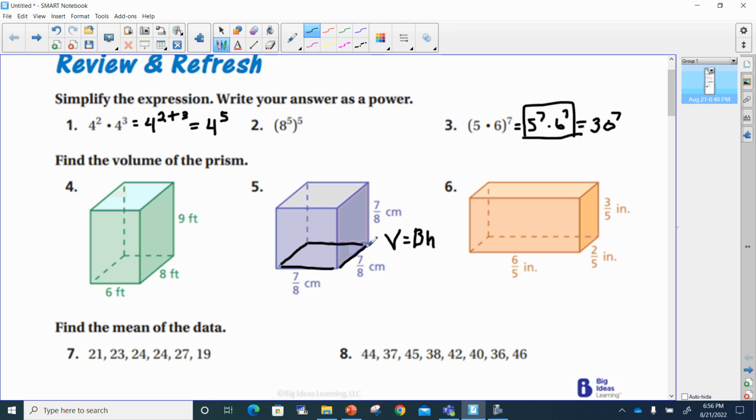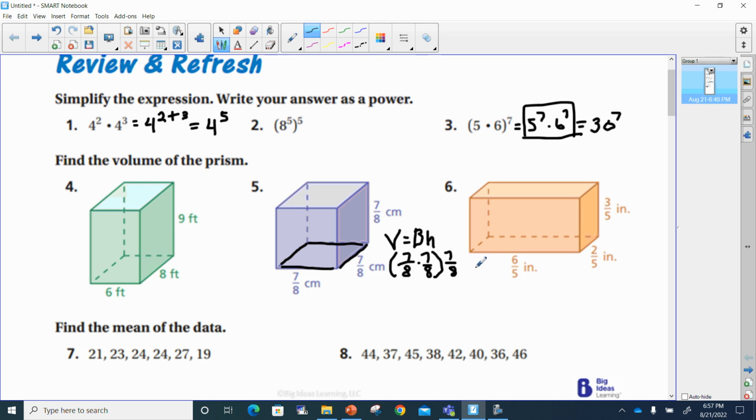That's length times width. So that's 7 over 8, I should have said 7 divided by 8, times 7 divided by 8. And then multiplying it by the height, which is also 7 over 8.